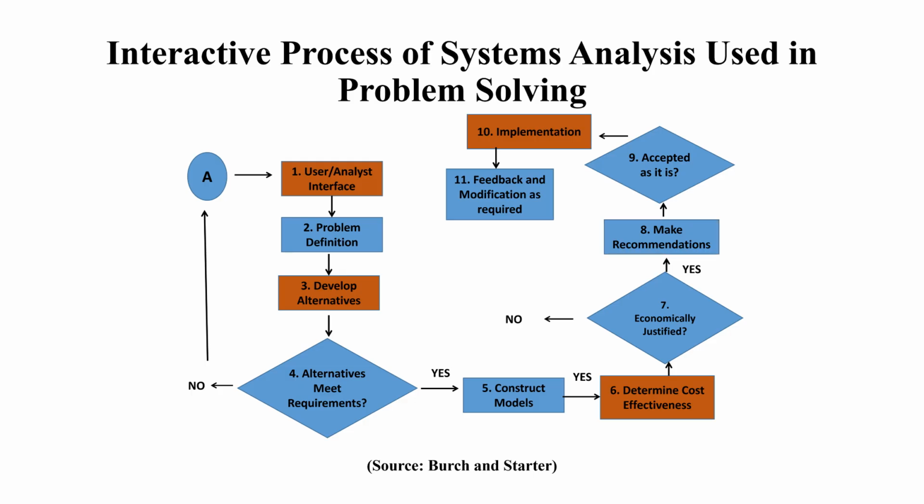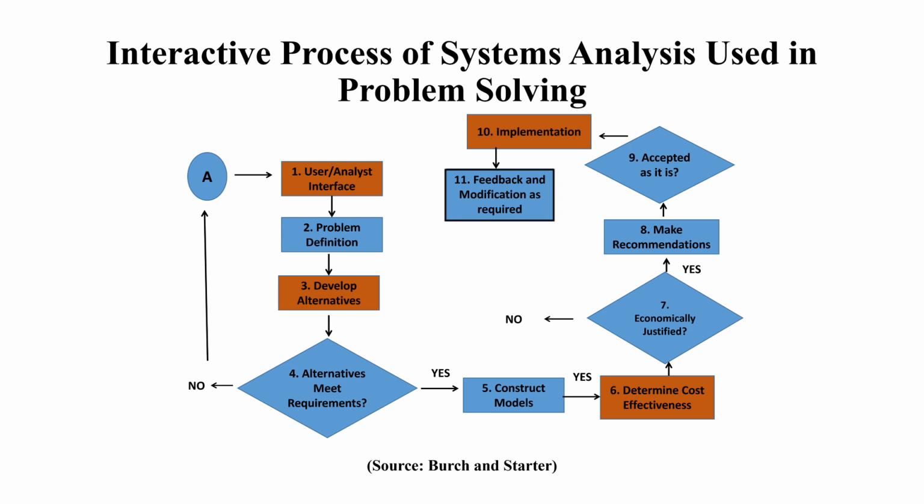Then, according to the recommendation, if it is accepted by the competent authority, then only the model can be implemented. After implementation, implementation is not the final stage. Even after implementation, we need to know whether it is actually solving the problem for which it is implemented.